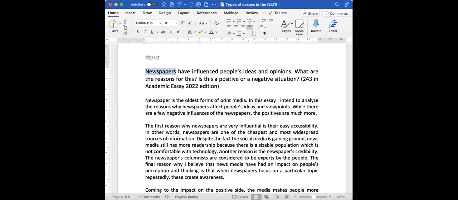Fourth point: media is a link between the government and the people. How do we reach our voice to any politician? Through the media. And how do we come to know what the government is doing for us? Through the media.